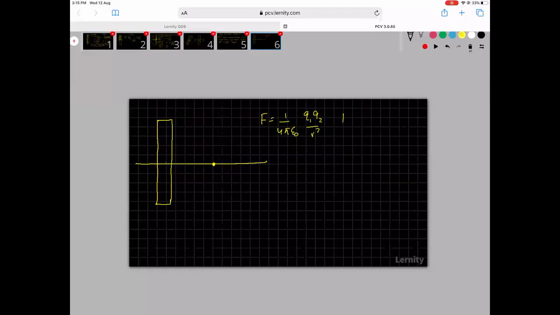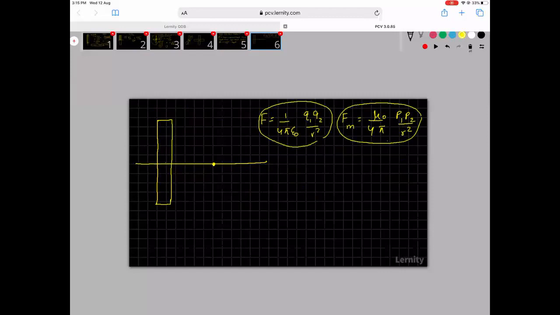Same way here, the magnetic force is equal to mu naught by 4 pi P1 P2 by R squared. So this is the magnetic force, and this is the electrostatic force. So they go hand in hand.